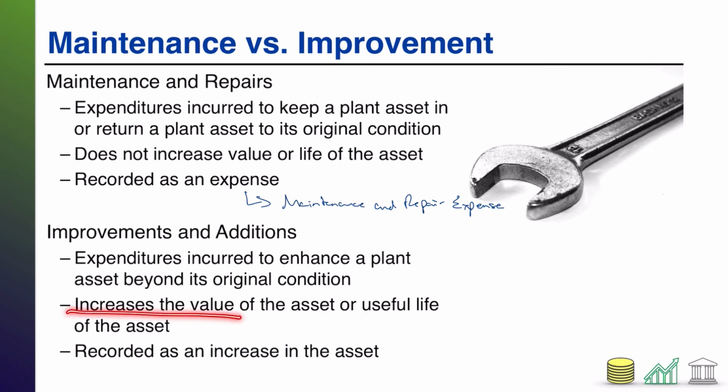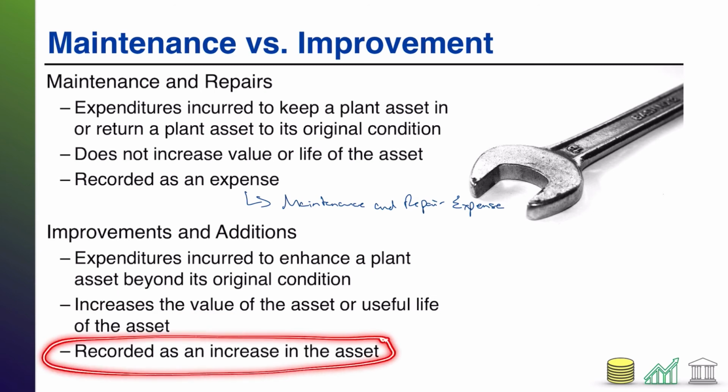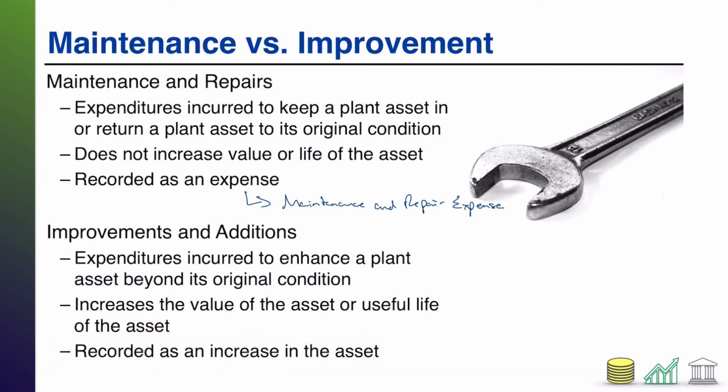Because you are literally adding value, you actually get to increase the asset when you incur these things, okay? So if you add on to your equipment or you improve your equipment, you're going to debit the equipment account, okay? So debit equipment, or you add on or improve your building, you debit the building account.